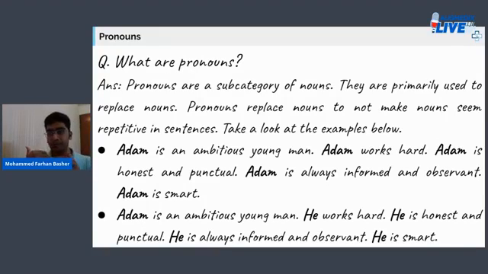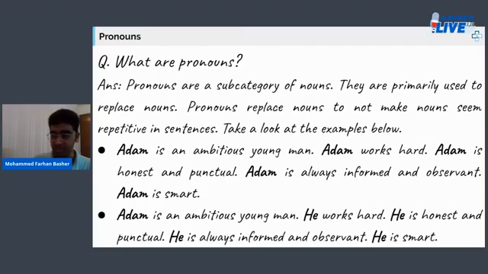All right, so if you take a proper noun, for example, the name of a person, and every time you mention the person, you keep taking the person's name, the entire passage or your speech becomes repetitive and annoying, right? Take a look at the very first example here. Adam is an ambitious young man. Adam works hard. Adam is honest and punctual.